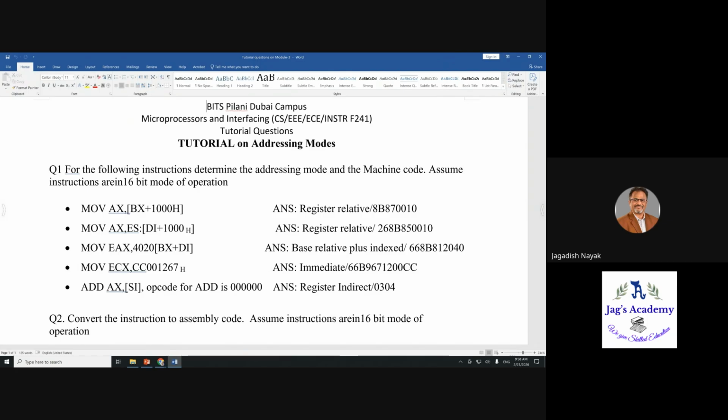Assuming the 16-bit mode of operation. What is that 16-bit mode of operation? We are assuming that our data, our instruction, everything is 16-bit. 16-bit mode of operation means whether it is offset address or data, everything is 16-bit.